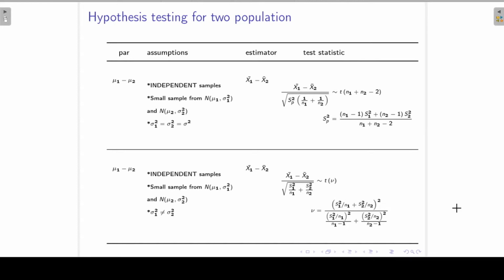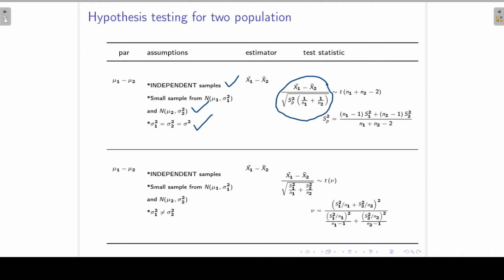Now on this slide, we have the small sample situation, and you can see here for the assumptions that we have independent samples, two small samples from normal populations, and in the first case, if we can assume that the population variances are equal, then our test statistic is given by this formula over here. And the test statistic follows the t-distribution with degrees of freedom equal to the sum of the sample sizes minus 2.